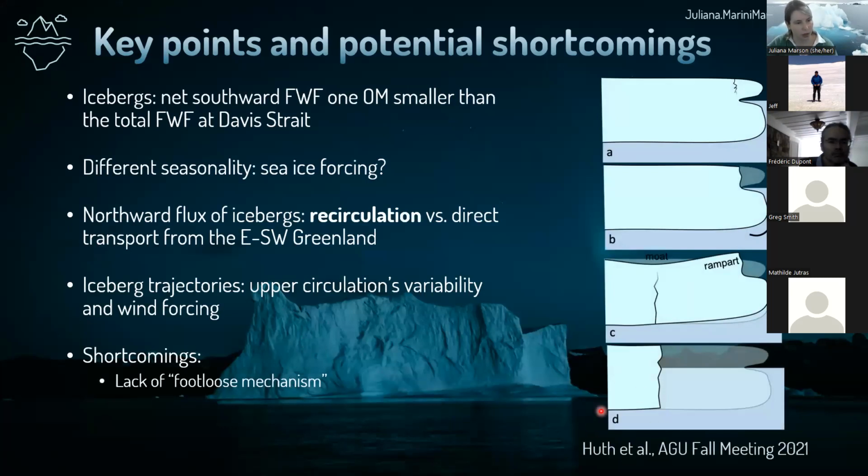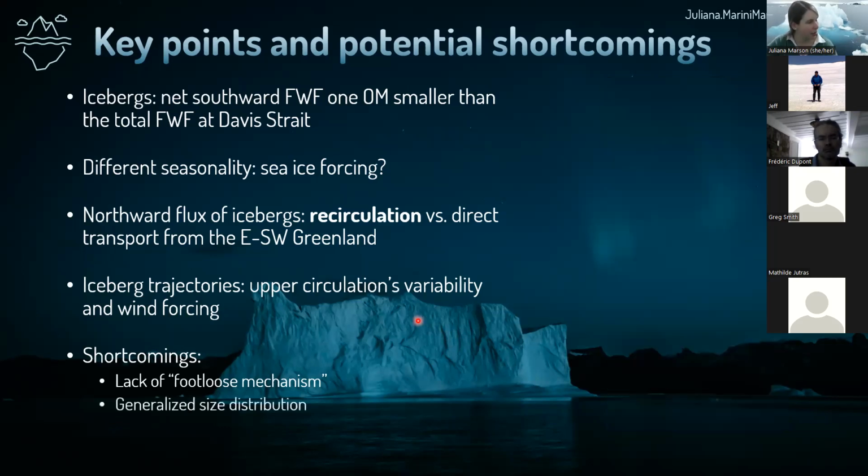So Huth and previously others as well have shown that this mechanism that sort of breaks the iceberg whenever you have this sort of foot that causes instability in the iceberg, they break the icebergs faster than we see in the model.